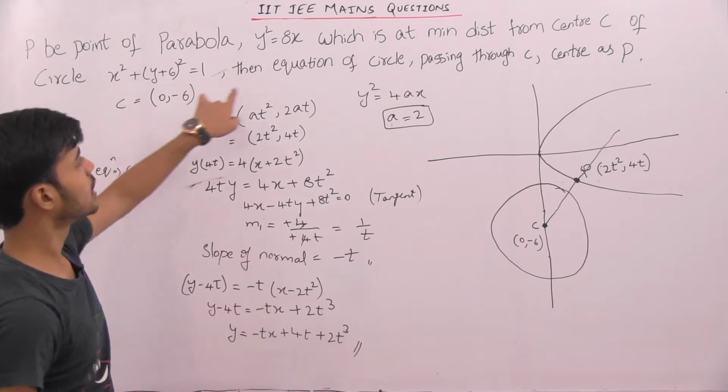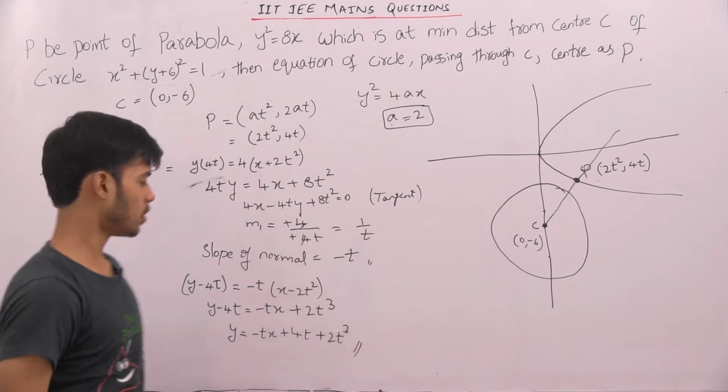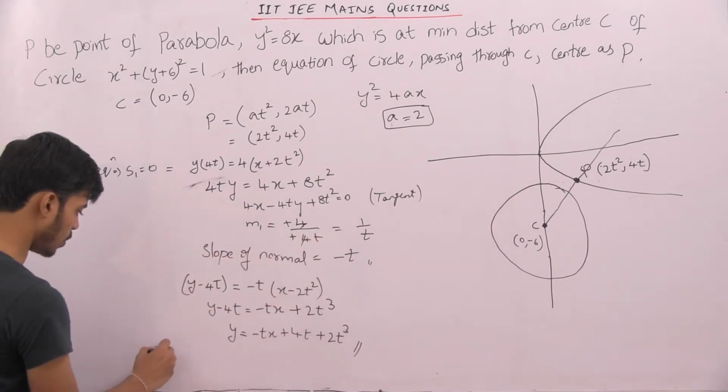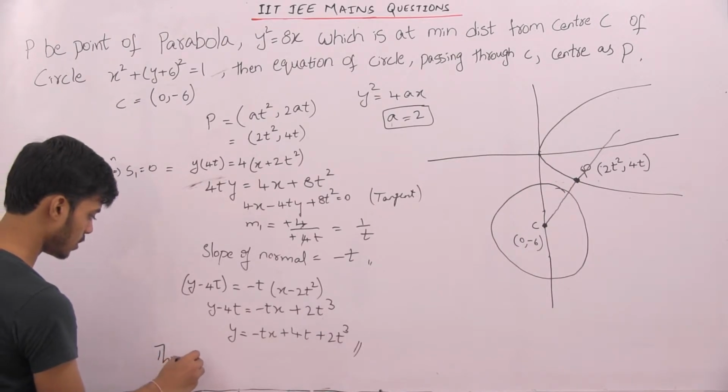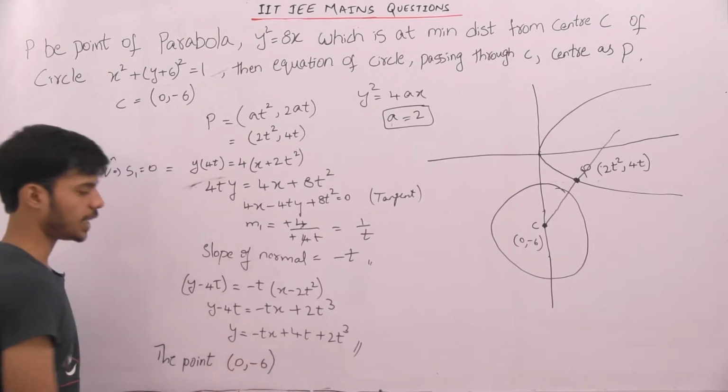Now we know this normal passes through the center of the circle, so it has to satisfy the point (0, minus 6).